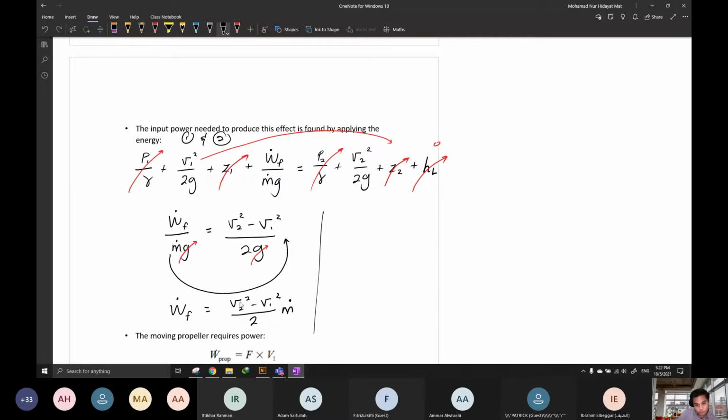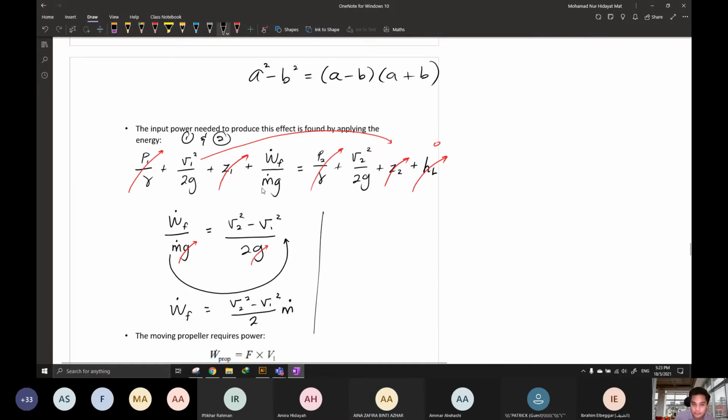So from this part, we notice that V2 minus V1, can we do the factorization? For example, A squared minus B squared. When we do factorization, we can expand it like A minus B, A plus B. I assume that every one of you knows, yeah.